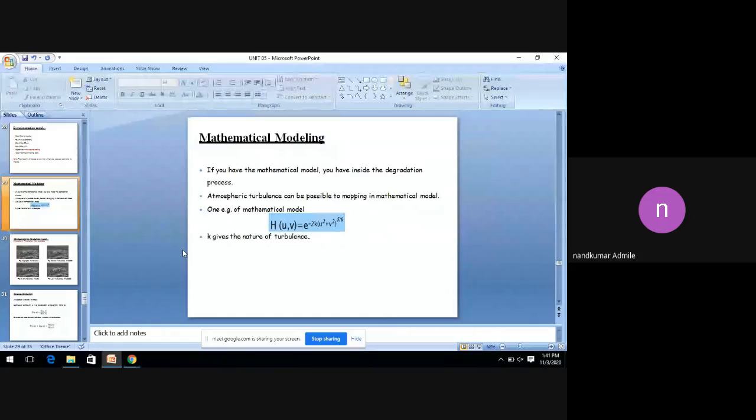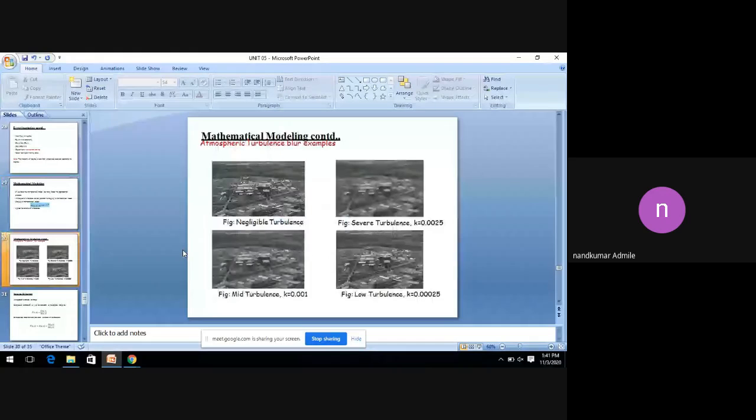For this, we can use different atmospheric turbulence factors, denoted by K. We can take examples of different turbulence factors, for instance negligible turbulence, where we take the value of K as 0.0025.